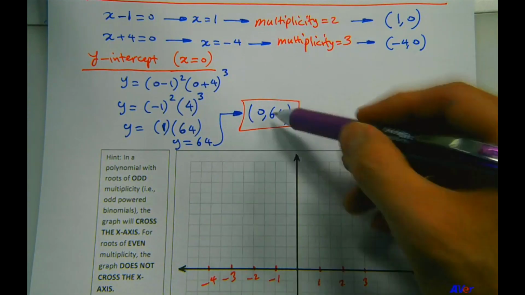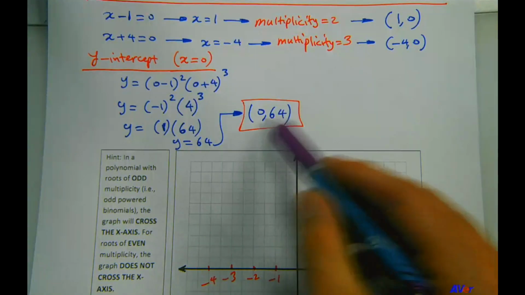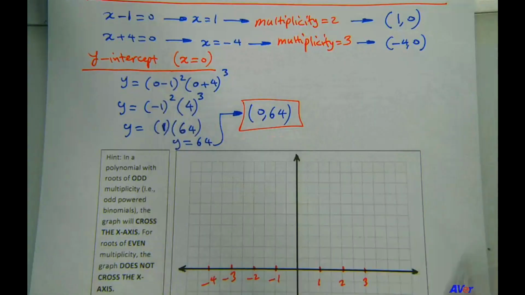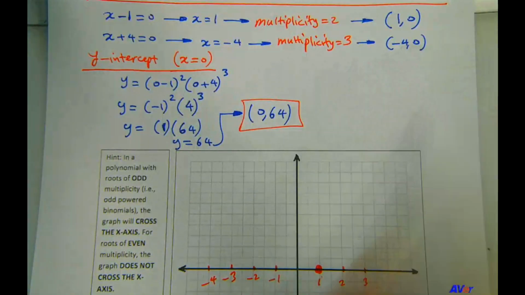And this is way down, way off the page here. So I'm not going to be able to, that's why we're going to go to the computer and see the best graph we can draw. But for now, for the manual calculation, the x-intercepts are going to be at 1, 0, right there at the bottom of your screen, and negative 4, 0, right there.